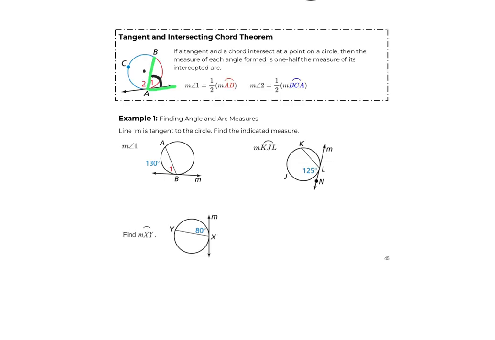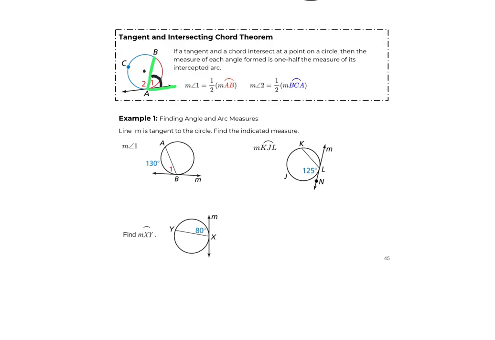Same thing for angle 2. Angle 2 opens up to this arc right here, so I would take this arc, BCA. Notice it's a major arc because there are 3 letters. Arc BCA divided by 2 gets me back to angle 2.